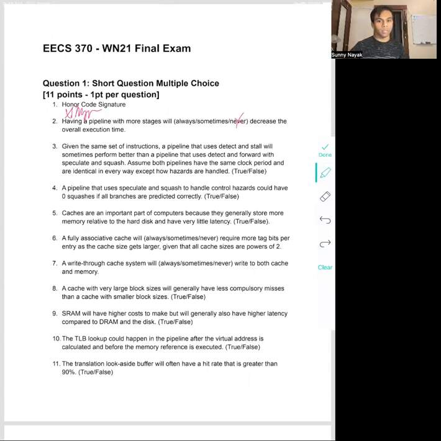Additionally, we talked about how increasing the length of the pipeline increases the propagation delay on certain wires. All of a sudden, a signal takes a really long time to get from, let's say, the last stage to the first stage. So this answer is probably going to be sometimes.